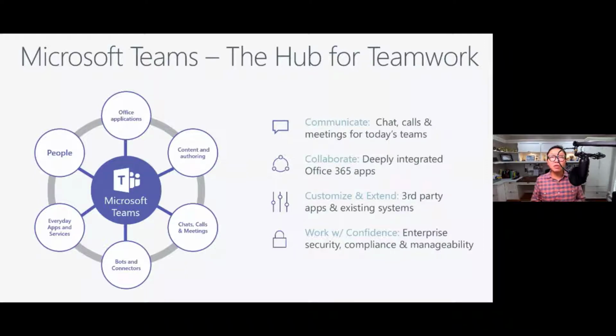You can also do things with Power Platform through Project Oakdale, for example, or you can even build your custom apps through Azure and the Bot Framework or QnA Maker, which offers tons of possibilities for bringing in your internal technologies and integrating them with Microsoft Teams as that one-stop shop. Last but not least, with the benefit of Microsoft 365, you can work confidently as it's streamlined and integrated with all the other capabilities of Microsoft 365.